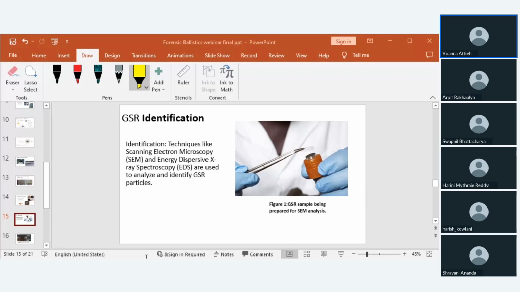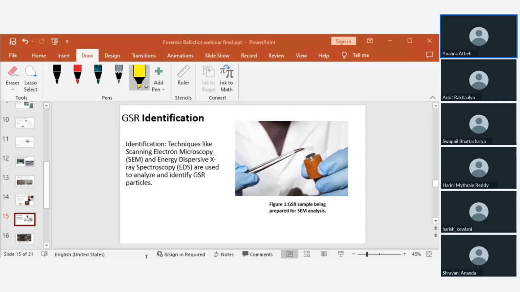Now, why is GSR analysis so significant, guys? First and foremost, detecting these microscopic residues serves as a confirmation that a firearm has indeed been discharged. However, the role of GSR analysis extends far beyond simple validation.